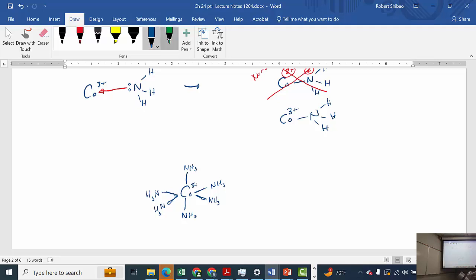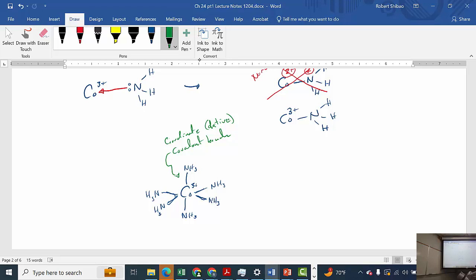Now, these bonds are covalent bonds, the coordinate covalent or dative bond, just to emphasize that both bonding electrons came from nitrogen. But once a bond forms, you can't tell which electron came from where. It's just like any other covalent bond.